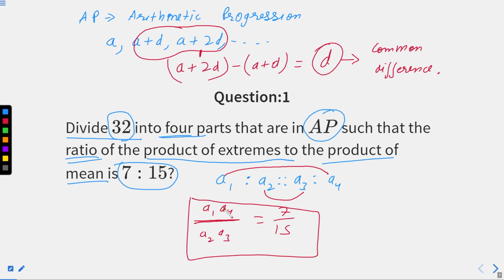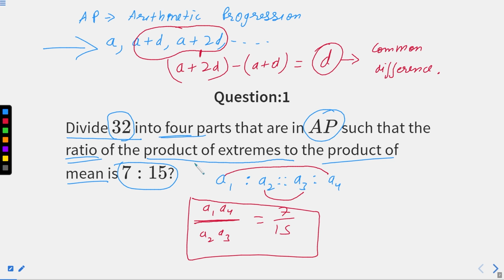Clear? Now we know the general form of an AP looks like this. From the definition, we know that if you have an AP, then the common difference of any two consecutive terms must be a constant number.